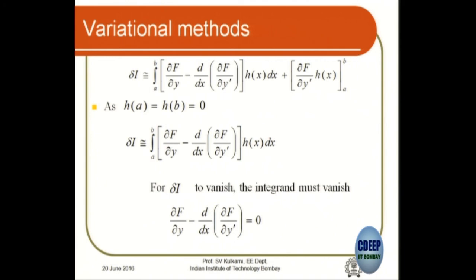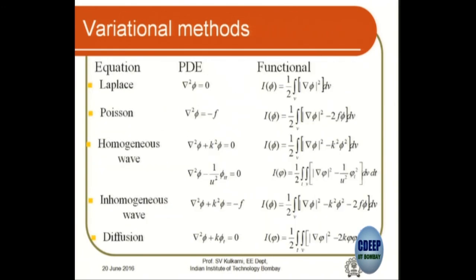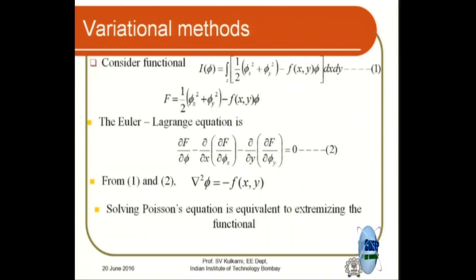That means when you do minimization, the Euler-Lagrange equation results. So when we substitute in equation number 2, we are minimizing. Minimization leads to Poisson's equation. So effectively, when we minimize that given functional, we are able to get to the solution of Poisson's equation, right? So this is called the variational technique.